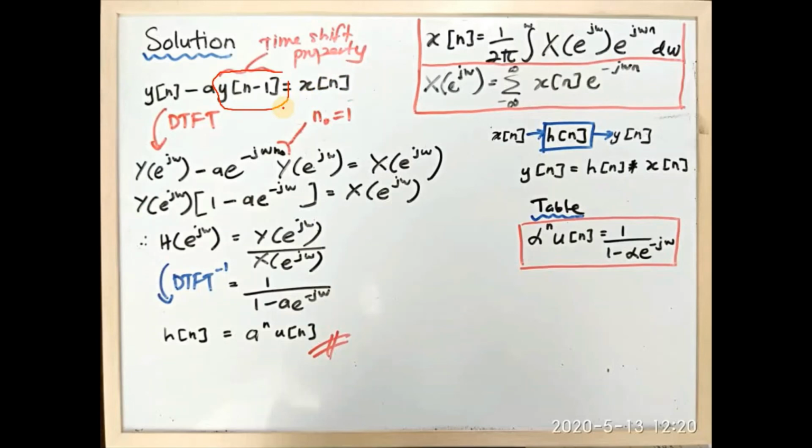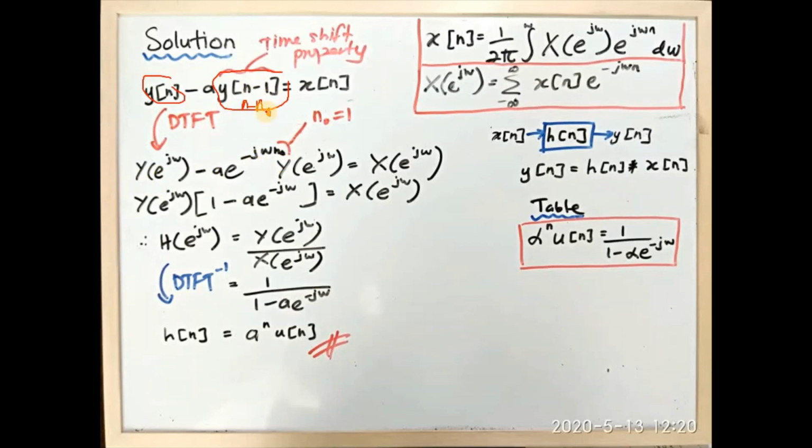So for the shifting property in the inverse Fourier transform, you will notice that you have n minus n naught here. Okay, so using the discrete time Fourier transform, convert everything to the discrete time Fourier transform. So you have Y(e^jω) minus.